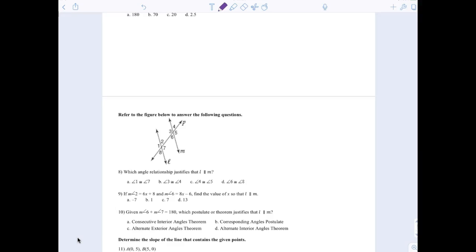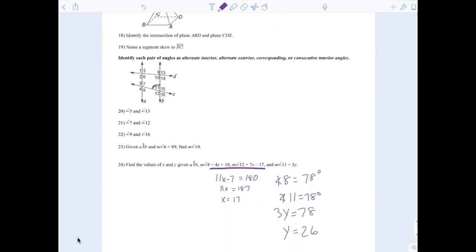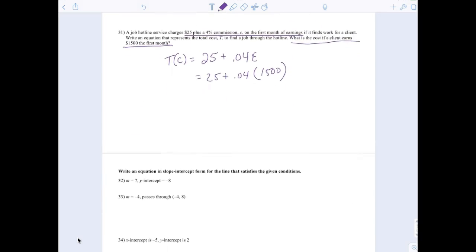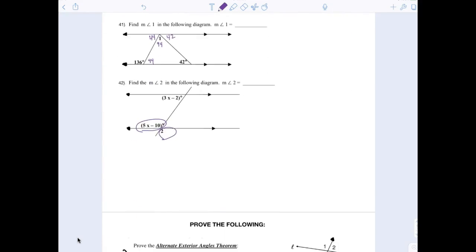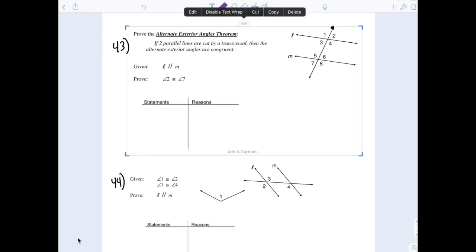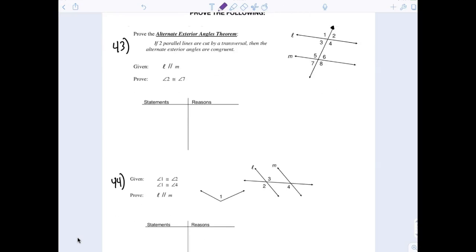Walker, could you do number 43? Okay, 43. Let's take a look at 43. I'm glad you asked me about this, because we're trying to prove the alternate exterior angle theorem. And if I told you to prove the alternate exterior angle theorem, you're going to have to use the corresponding angle postulate.